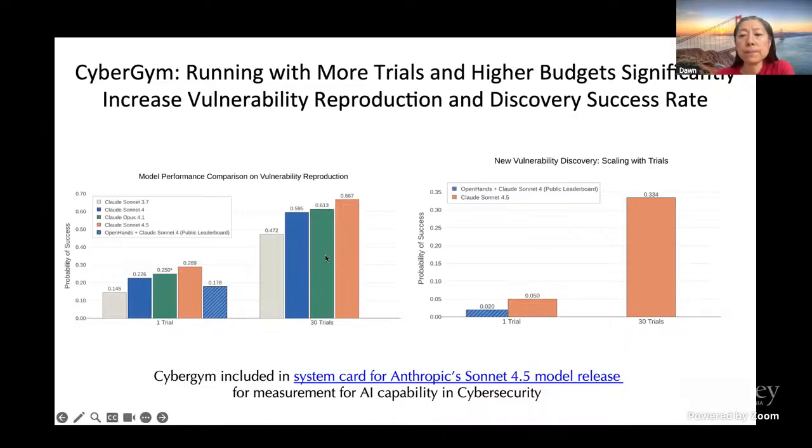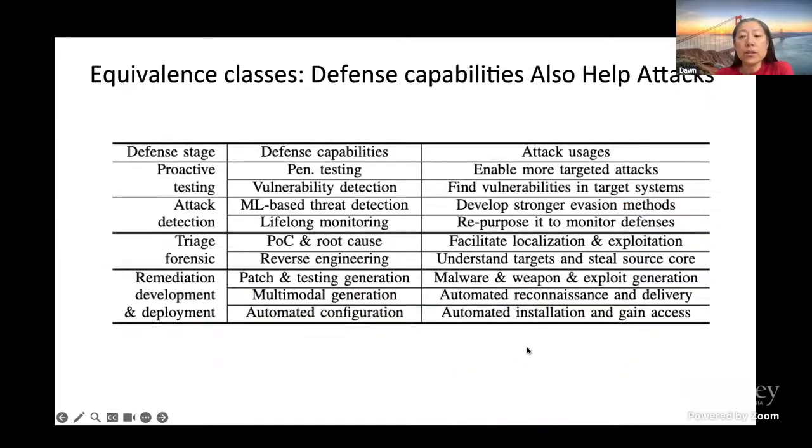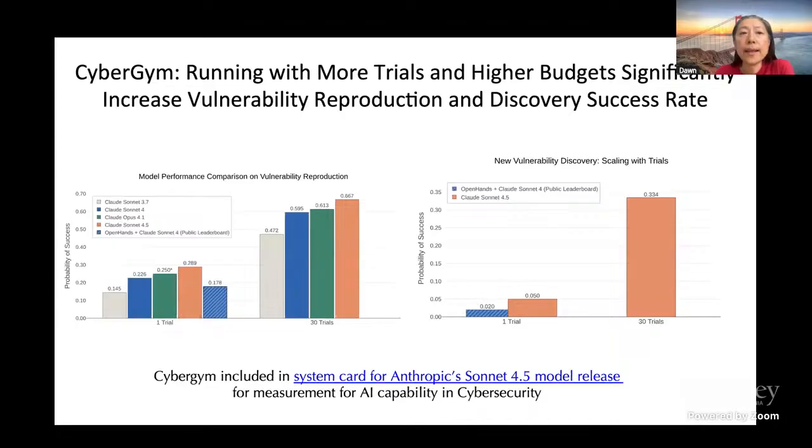And they are also able to find significantly more new vulnerabilities as well, and generate successful POCs for them. So these examples illustrate that AI's capabilities in cybersecurity are increasing really fast.